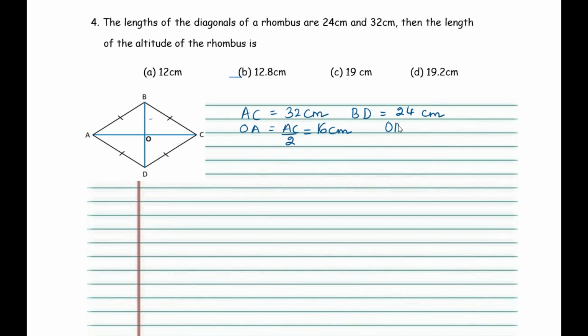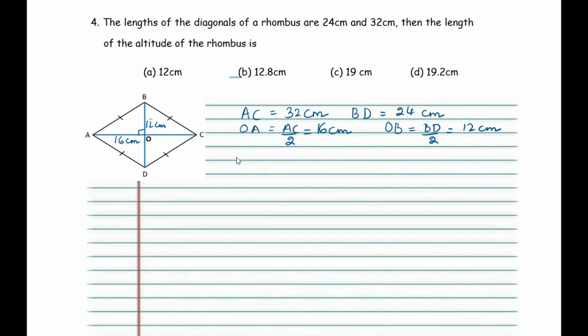OB equals 24 divided by 2, that is BD divided by 2, we get 12 centimeter. Now using this OA, that is 16 centimeter, and OB as 12 centimeter, by using the concept of Pythagoras theorem, I'll find out the side AB.